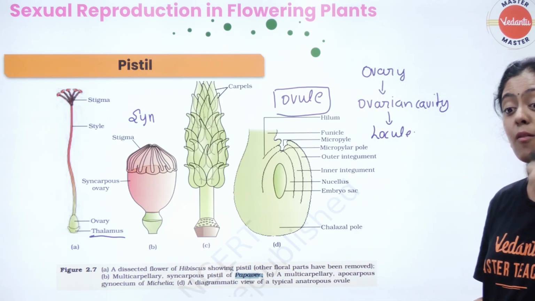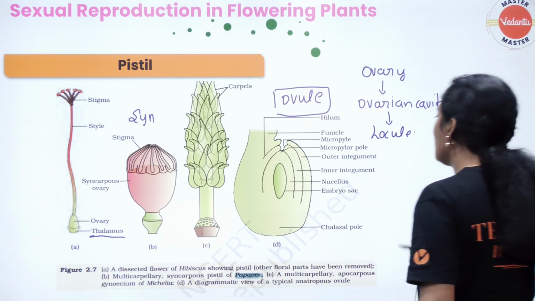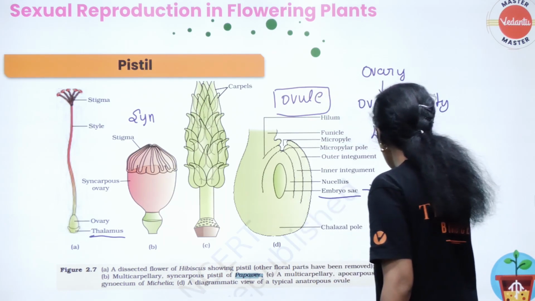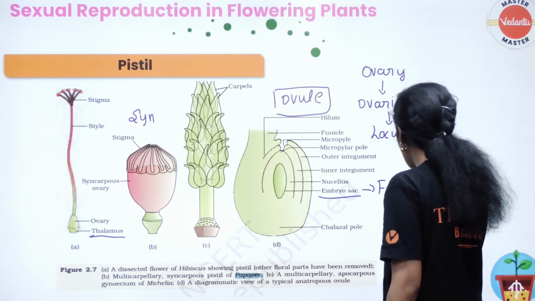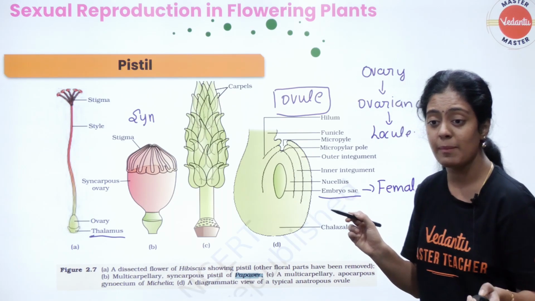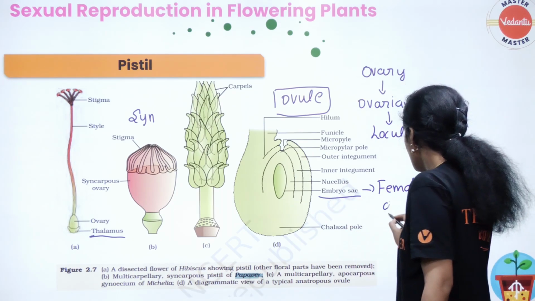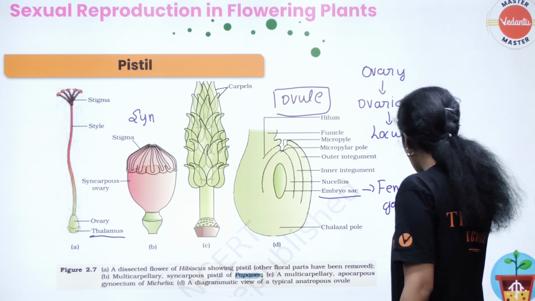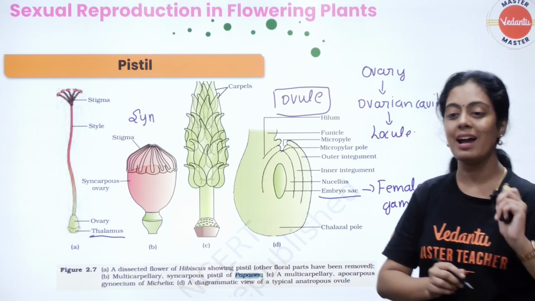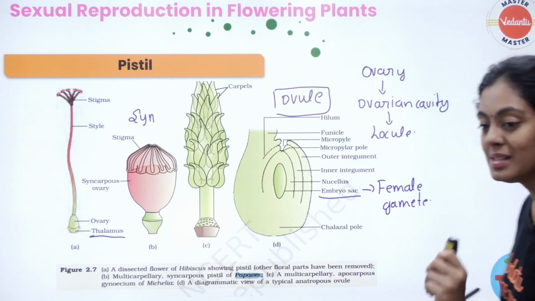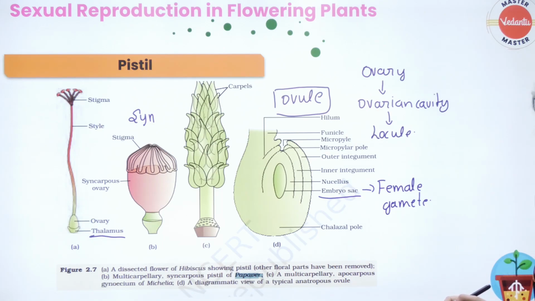Inside the ovary I have the ovule, and inside the ovule I have the embryo sac. This embryo sac is your female gametophyte. Many people think the ovule is the female gamete. It is not. Inside the ovule I have an embryo sac which acts as the female gamete. I hope this is very clear. If you have any confusion, please do let me know.